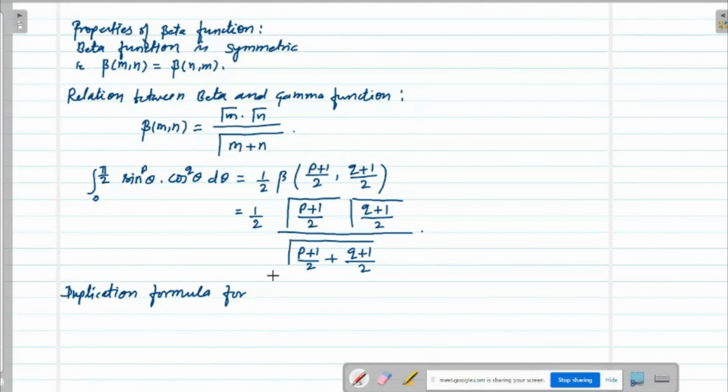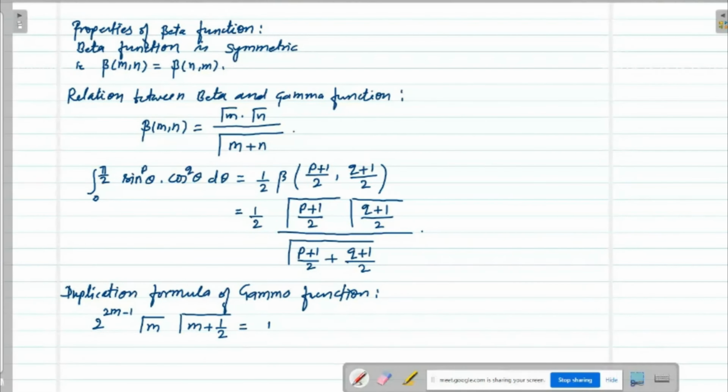What is the duplication formula of gamma function? 2 raised to 2m minus 1 into gamma of m into gamma of m plus 1 by 2 equals square root of pi into gamma of 2m.